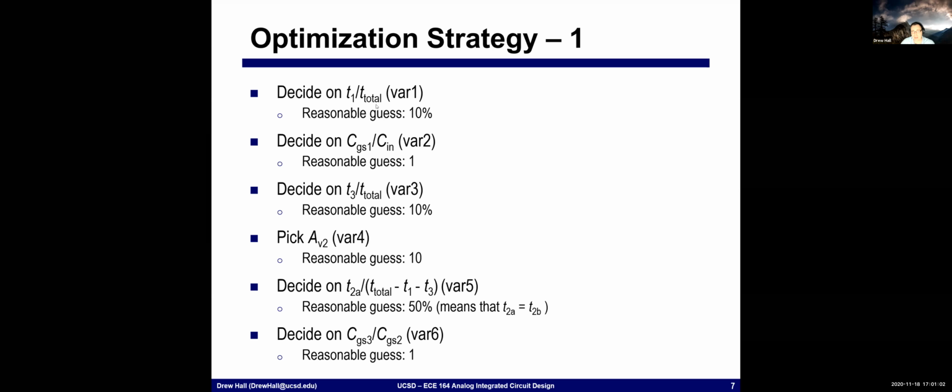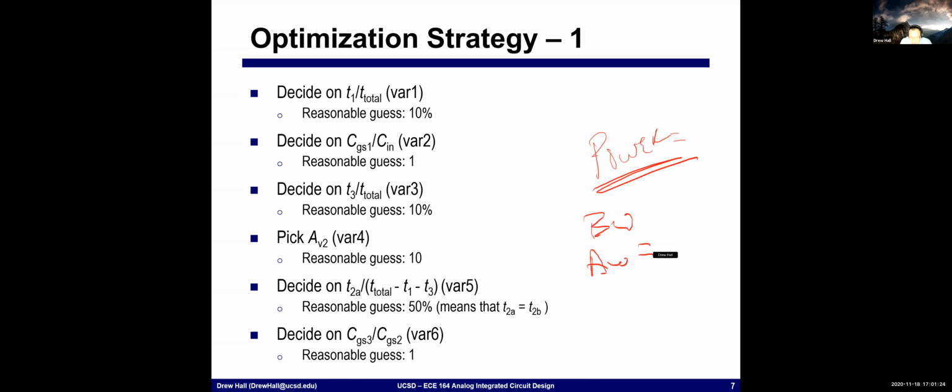You're going to want to figure out, roughly what is the power if I set T1 divided by T total as 10%, if I set CGS divided by CN as 1, and so on throughout the rest of this. You're going to want something that computes the power, the bandwidth, the gain. Basically, all of the metrics are being computed.